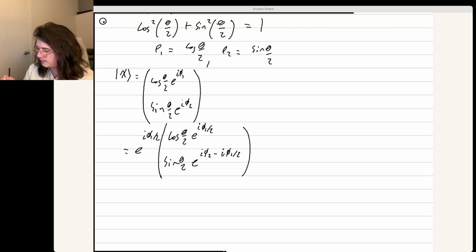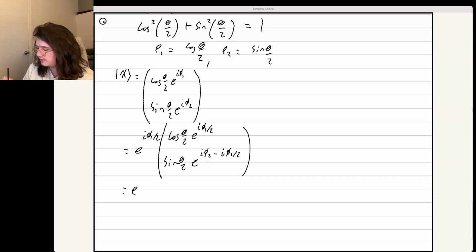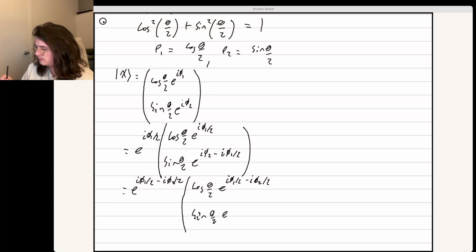You can also pull out a factor of e to the i phi 2 over 2. So that's going to look like cosine theta over 2 e to the i phi 1 over 2 minus i phi 2 over 2, sine theta over 2 e to the i phi 2 over 2 minus i phi 1 over 2.